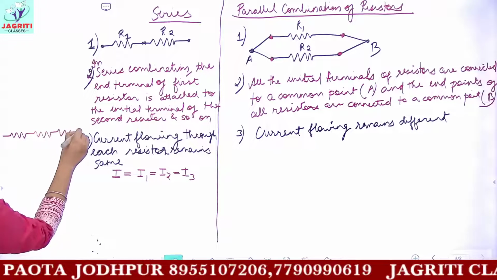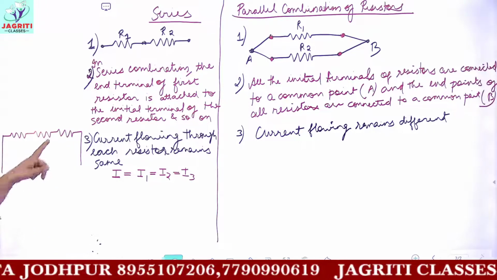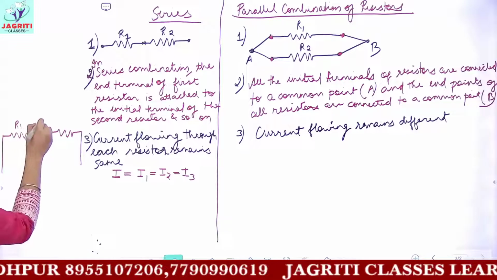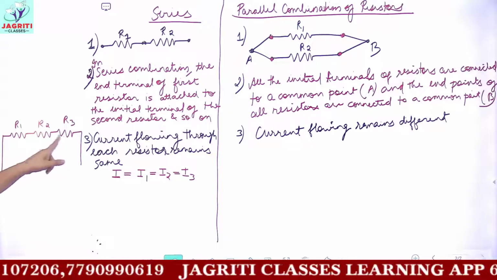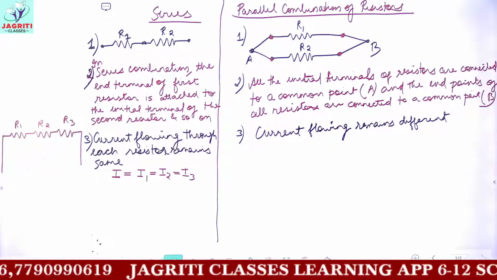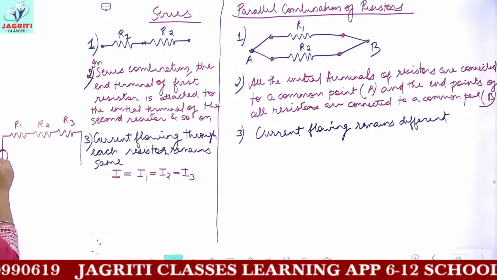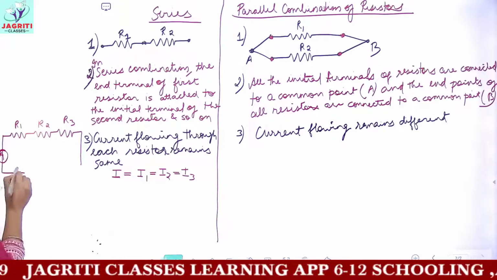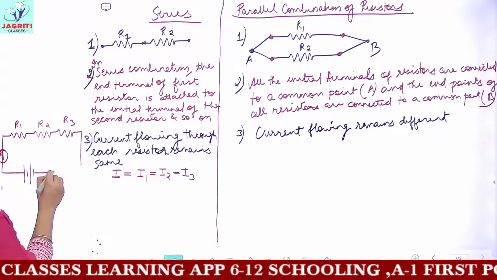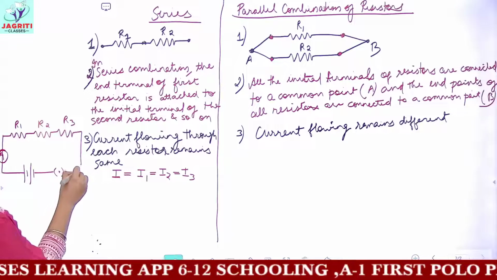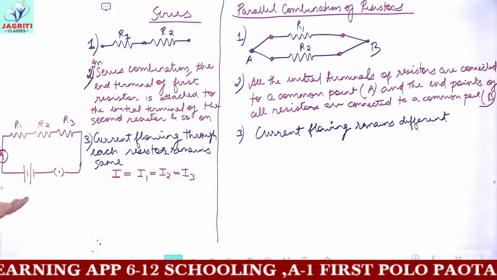Let's suppose I have three resistors attached in series, of resistance R1, R2 and R3. You can see this is a series or linear combination. Now let's suppose I have an ammeter here, and then I have a battery, okay, and then you have a switch. So this is the simplest circuit which you can draw.